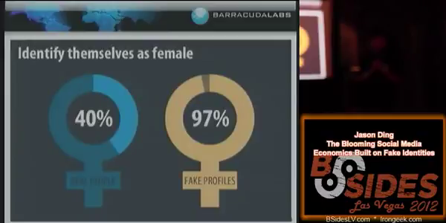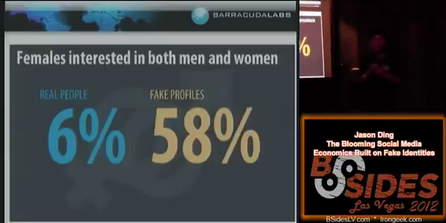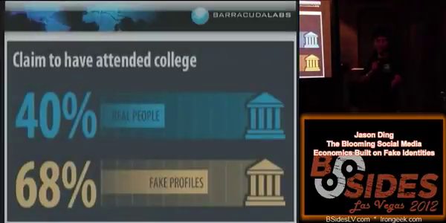Of course, females put a sexy picture there to attract more friends. And they're interested in both men and women. About 58% of them are interested in both, 10 times more than regular people. And they claim they go to college more than regular people, since they can spam their college network.